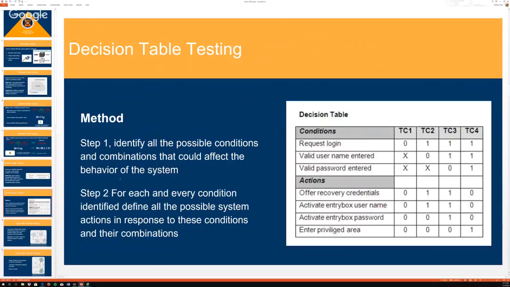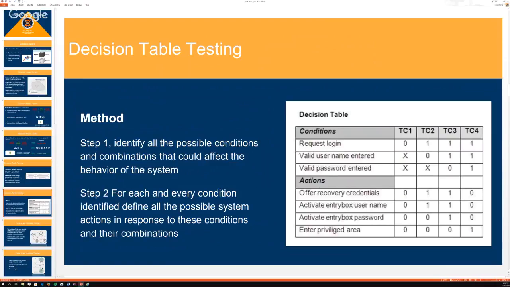In this example, we can test the access to our system. To access our system, we need a user, we need a password, and we need to be registered in the database. So here we have conditions like request login, valid name, valid password.